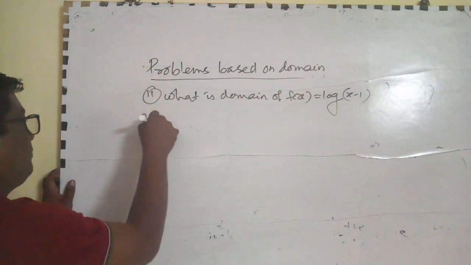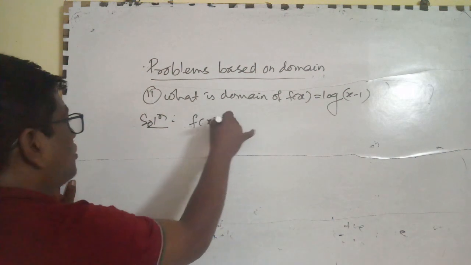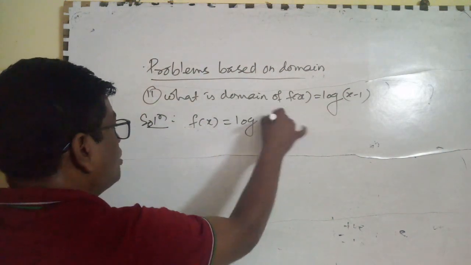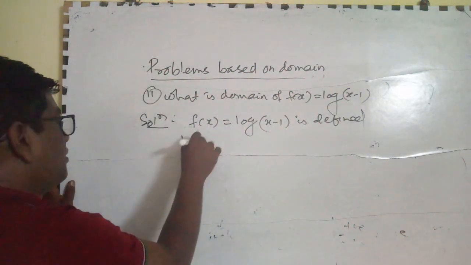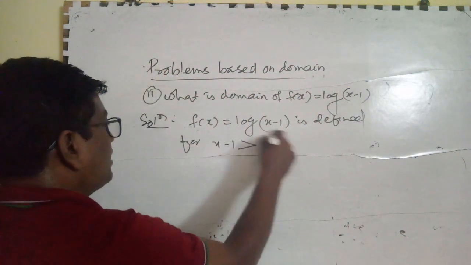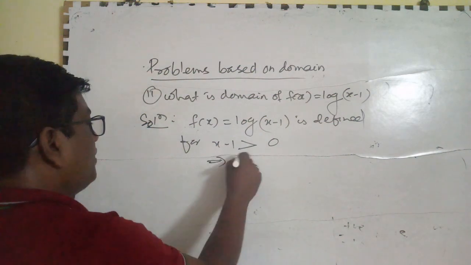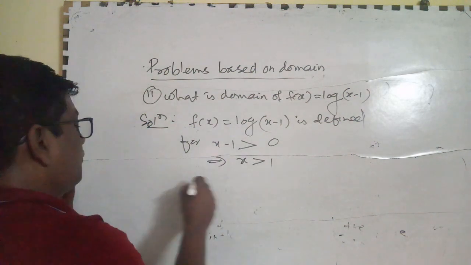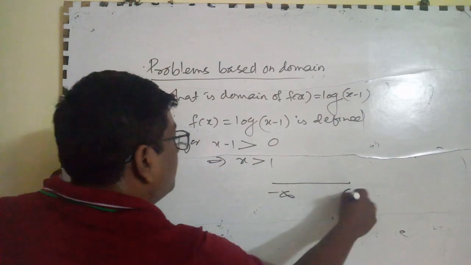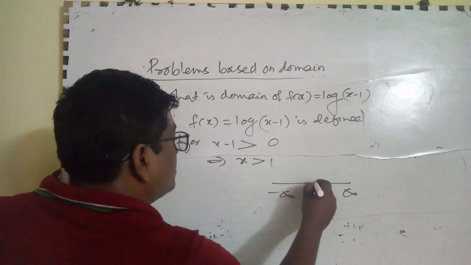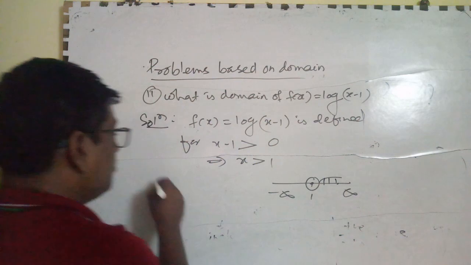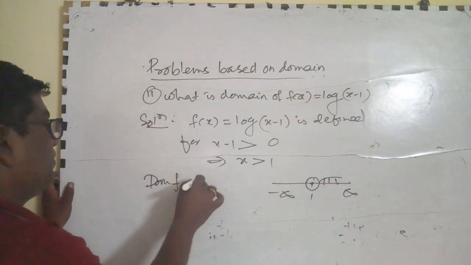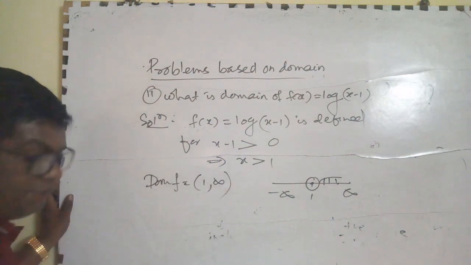Solution: f of x is equal to log x minus 1 is defined for x minus 1 greater than 0, that implies x greater than 1. Therefore this is number line. Greater than 1 means this is 1, excluded, therefore dom f equal to 1 comma infinity.